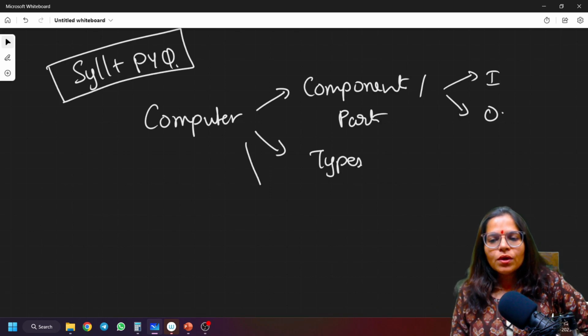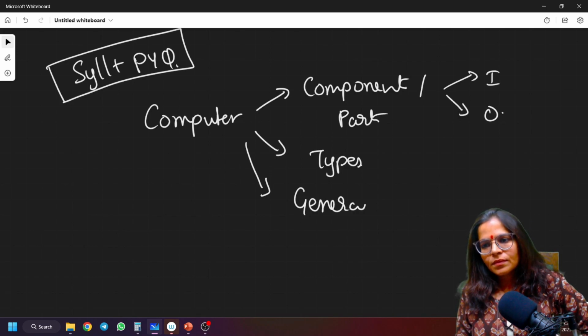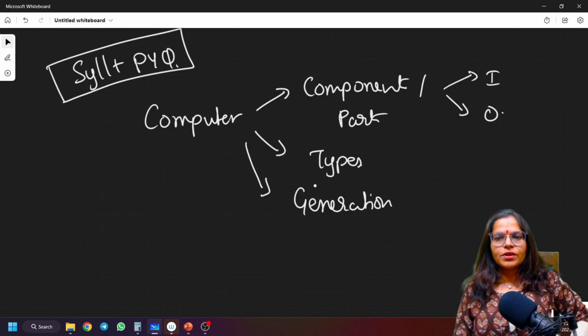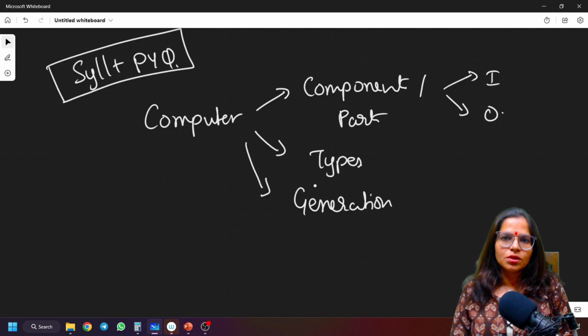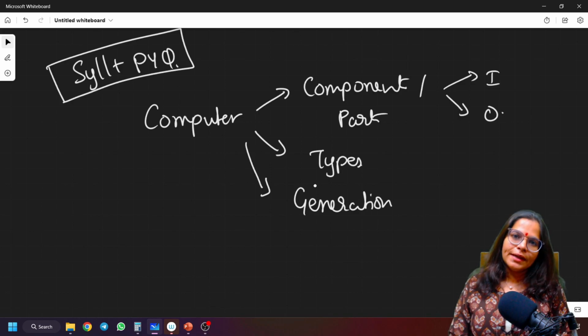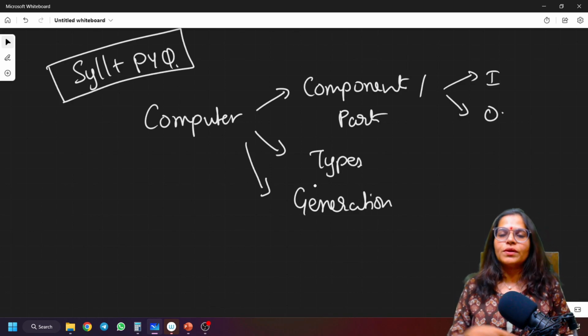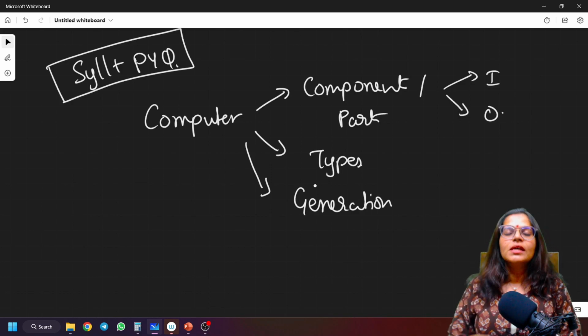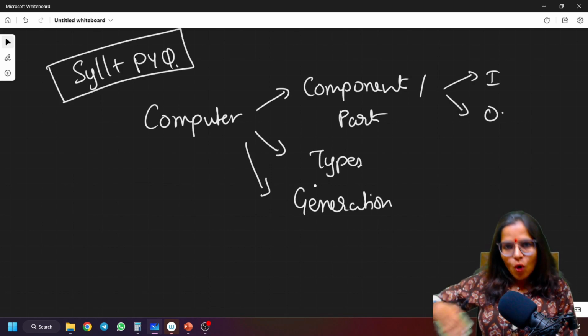Apart from that, we also need to understand the generations of computers from first to fifth generation. Like in the first generation, what processors were used, what are the examples of the first generation, what language was used, then how they used to store the data, what were the complications, what were the advantages and disadvantages. The same points will go for all the generations.